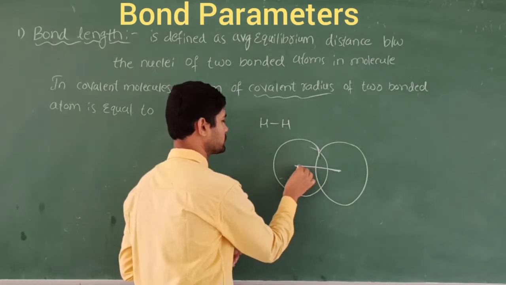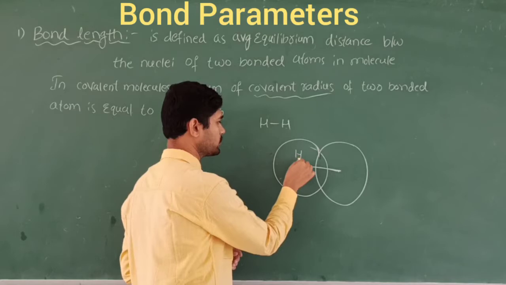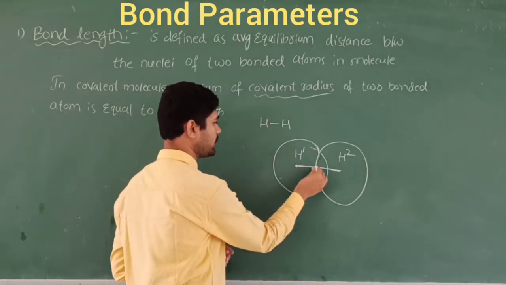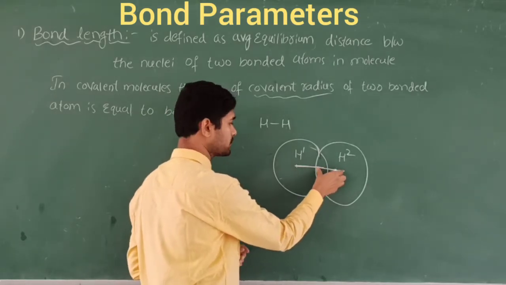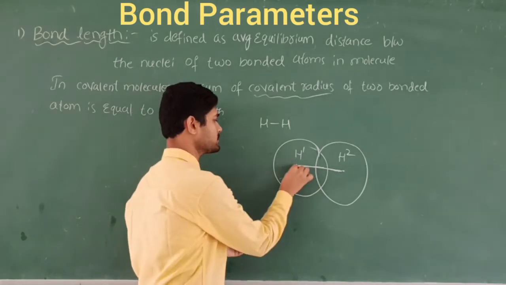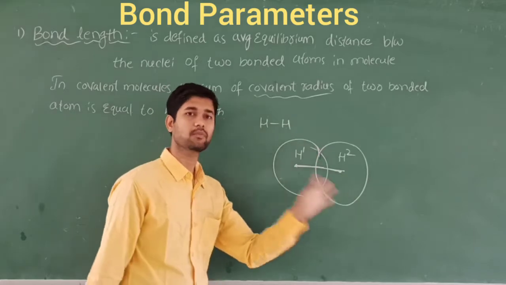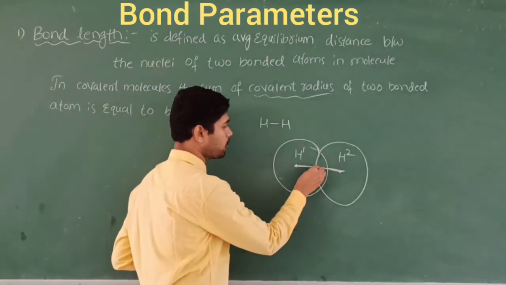I am going to call them H1 and H2. The H1 radius will extend up to this point, and the H2 radius will be this much. That is called the covalent radius. That is the hydrogen molecule. So this distance we are going to call the bond length.